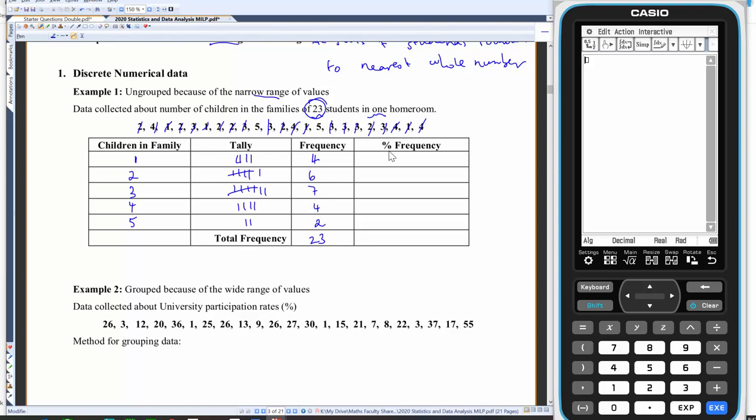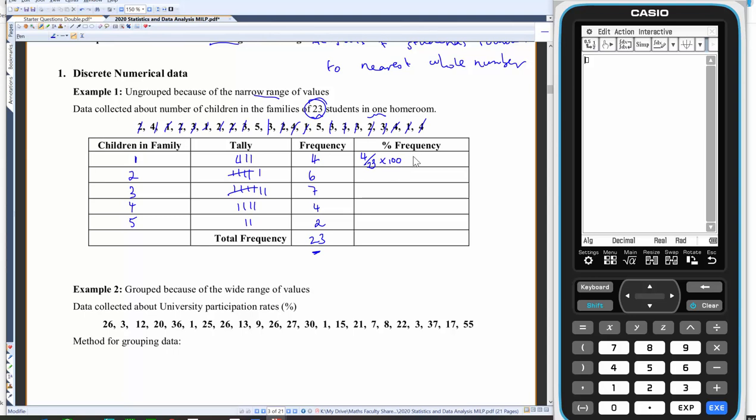It does indeed. All right, now what we're going to do is look at the percentage frequency. In terms of this, we would say of the 23 people in one homeroom, what percentage of families have one child, okay? So to do that, it's 4 relative to the class of 23 students.